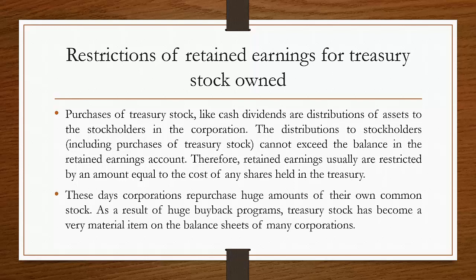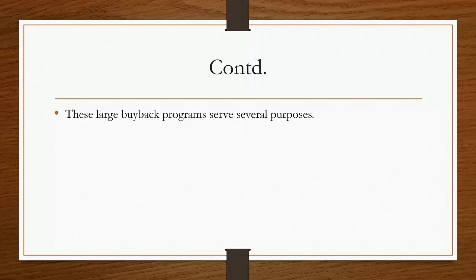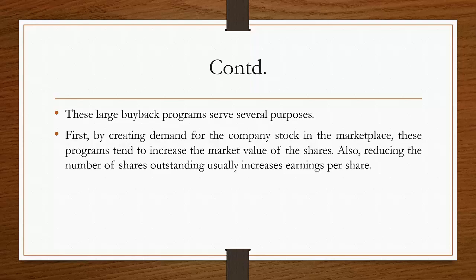These days, corporations repurchase huge amounts of their own common stock. As a result of huge buyback programs, treasury stock has become a very material item on the balance sheet of many corporations. These large buyback programs serve several purposes. First, by creating demand for the company stock in the marketplace, these programs tend to increase the market value of the shares.